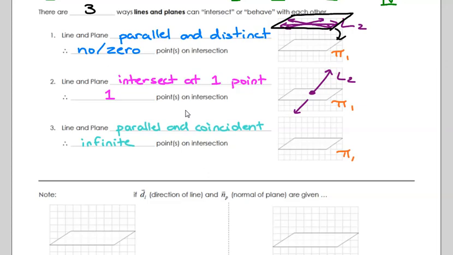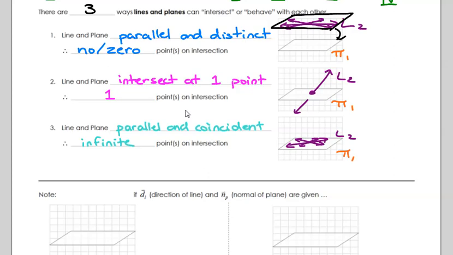Now the last one is where they're parallel and coincident, and that's where the line lies right on the plane. Okay, so remember how we had said it really doesn't matter what the angle is. All of those are technically parallel and they touch the plane infinite number of times because they lie right on top of the plane.